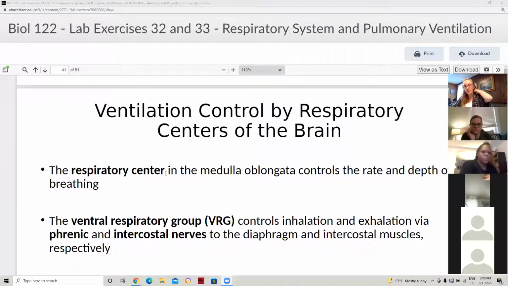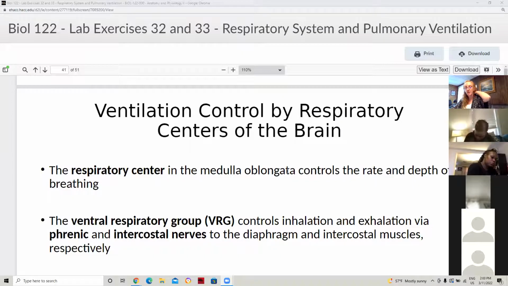Ventilation control by the brain centers. The respiratory center in the medulla oblongata controls the rate and depth of breathing. The ventral respiratory group in the respiratory center controls inhalation and exhalation by the phrenic nerves and intercostals.